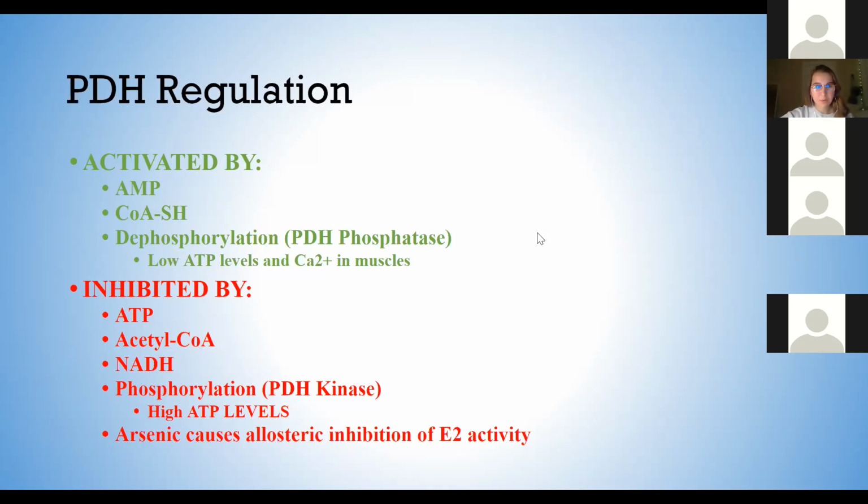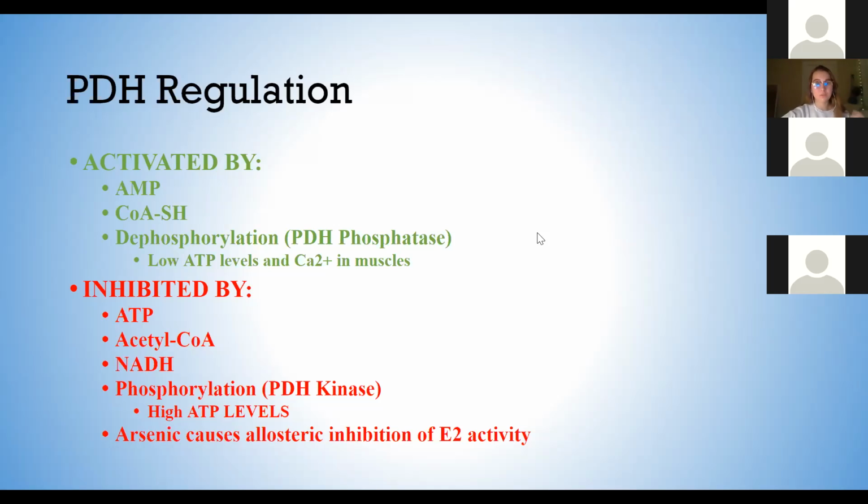Dr. Zeile did write out essentially the chemistry behind this on a slide. However, he told us that we don't need to memorize this. And what I would dedicate my energy towards is just knowing that arsenic is an irreversible allosteric inhibitor of the E2 activity.